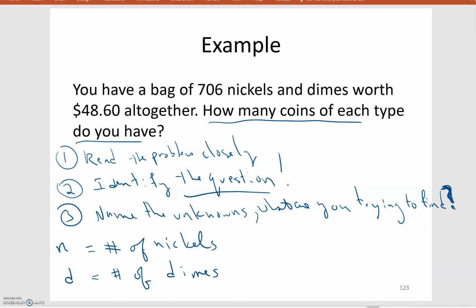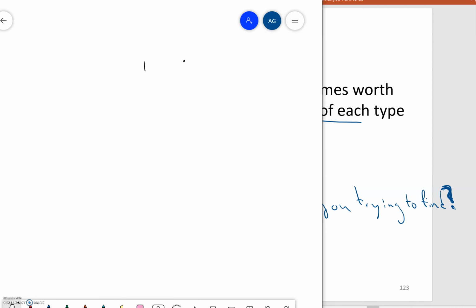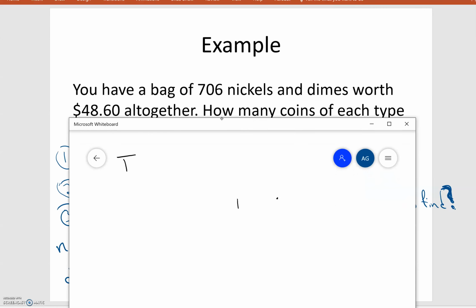Now, at some point you have to start writing down equations, so I guess now is that point. I always try to find the easiest equation to write first. In this case, the easiest equation, in my opinion, is a total amount equation. You can't always write a total amount equation, but very often you can.